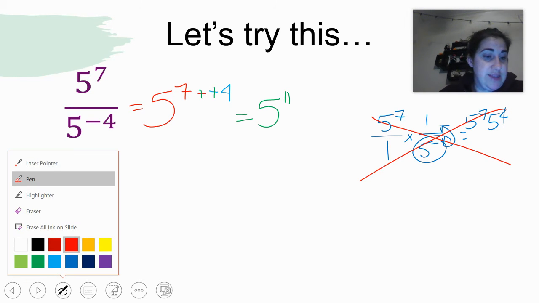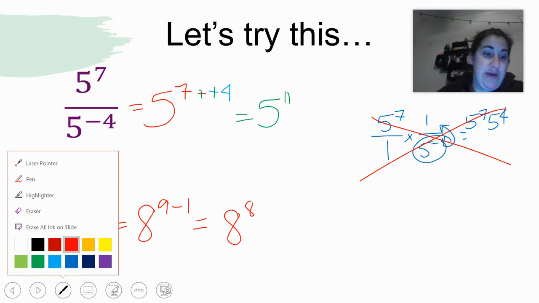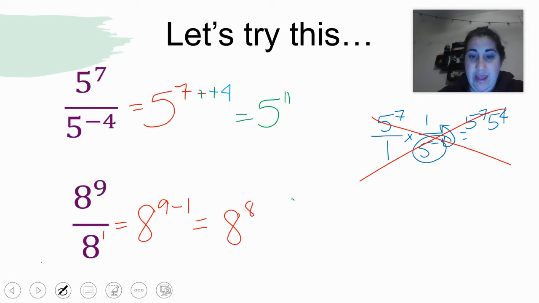Okay, let's try this next one. We have 8 to the 9th over 8. So how many 8s are here? There's 1. So this turns into 8 to the 9 minus 1. How many 8s do we have? We have 8. Right? So if I were to write this out in expanded form, what would that look like?